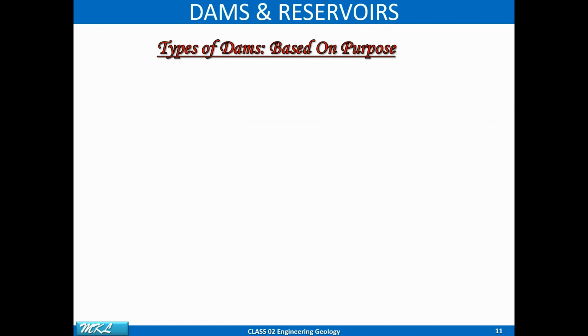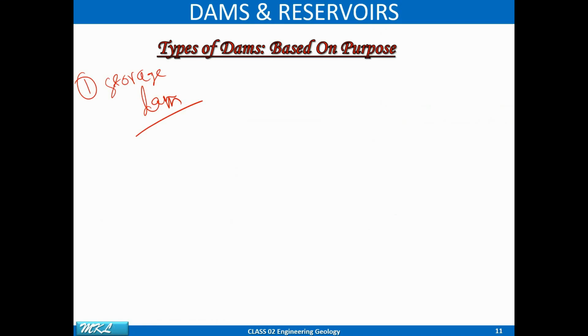Okay, so types of dams based on the purpose, you can classify dams into 4 types depending on the purpose. First one is the very common one, that is your storage dam. So far I have discussed dam and reservoir, how water is stored. That is, I was discussing the storage dam.